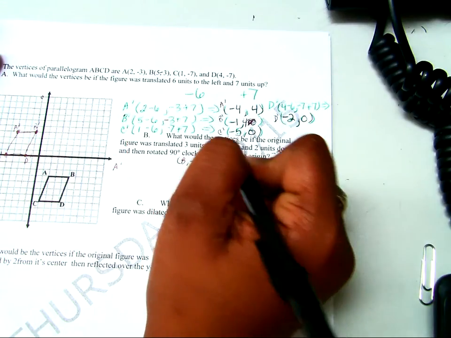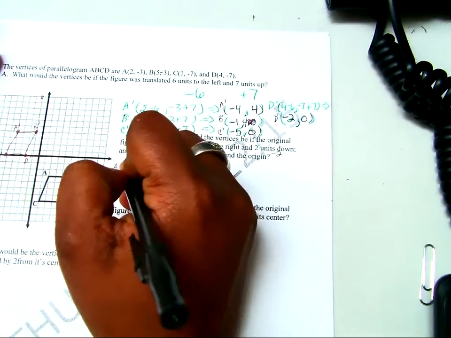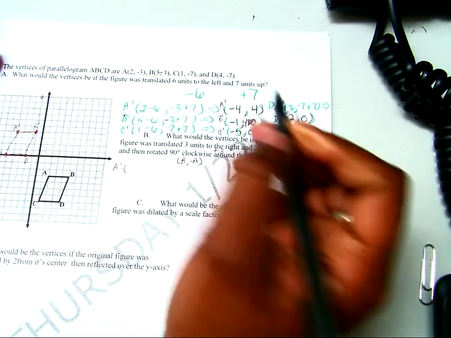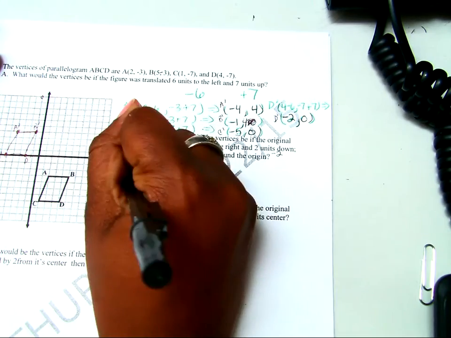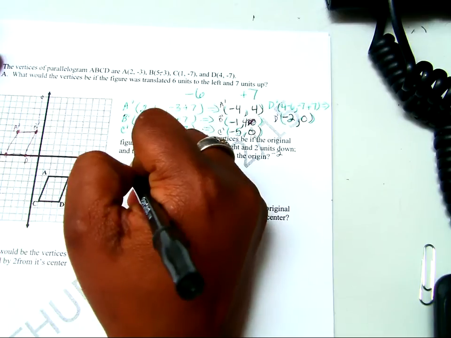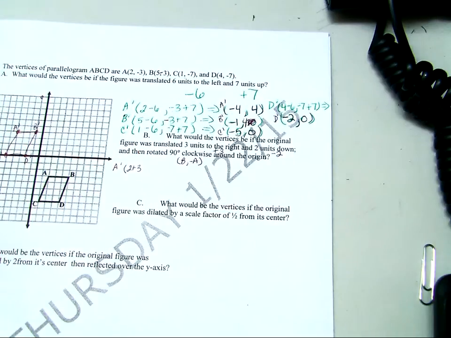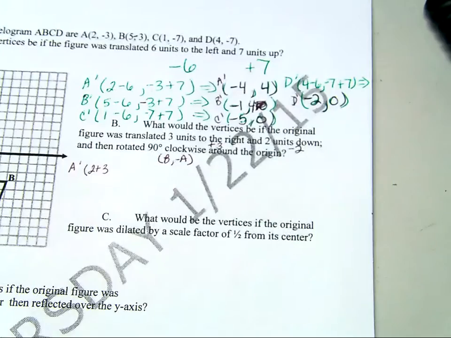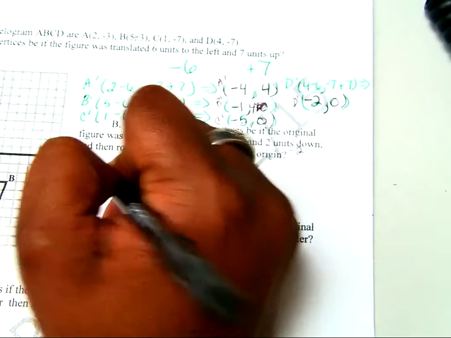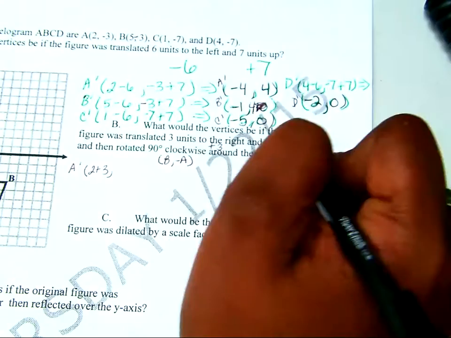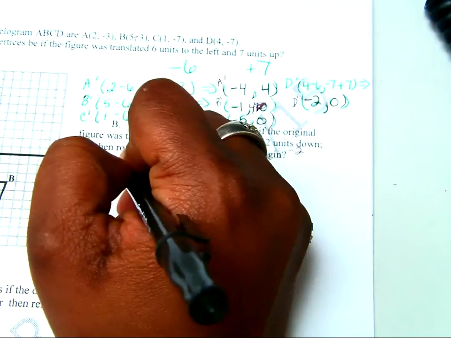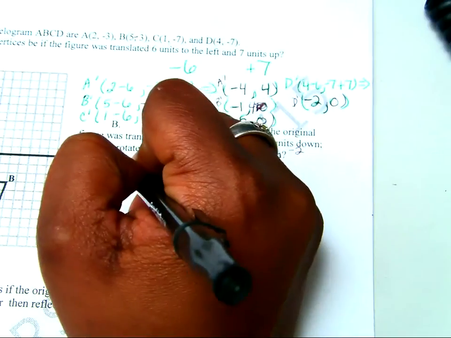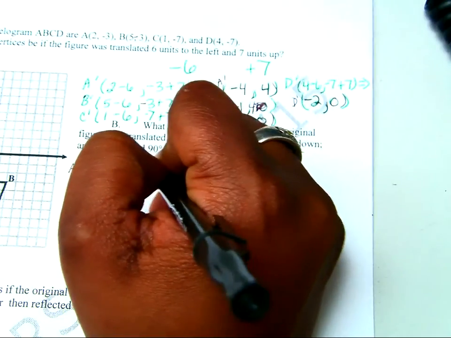So for A prime, I'm using these same points. 2 + 3, comma, -3 - 2 gives me the new point 5, comma, -5.